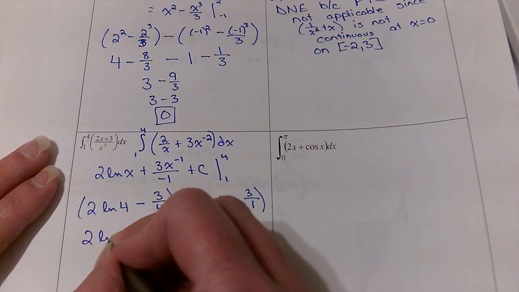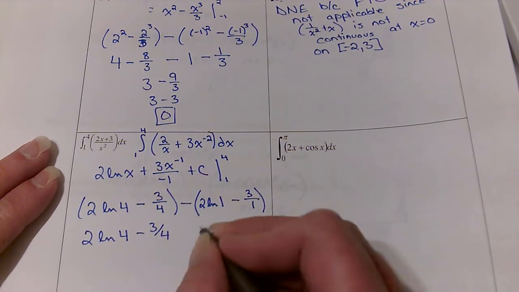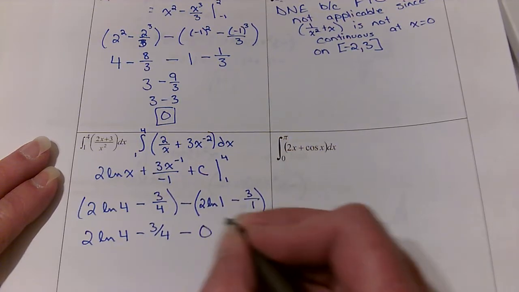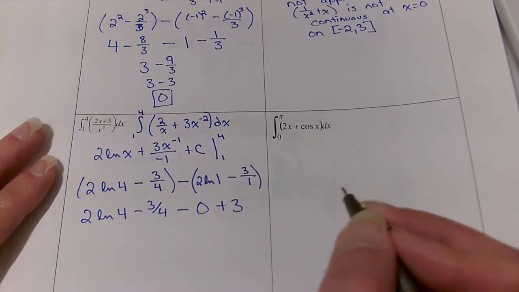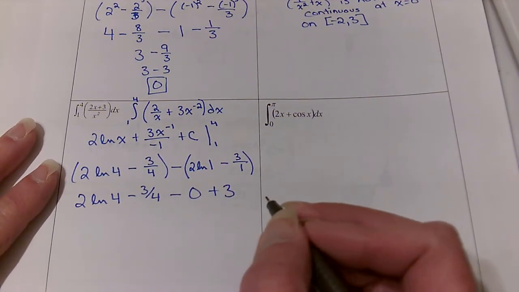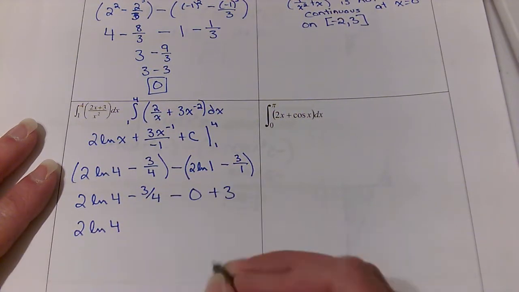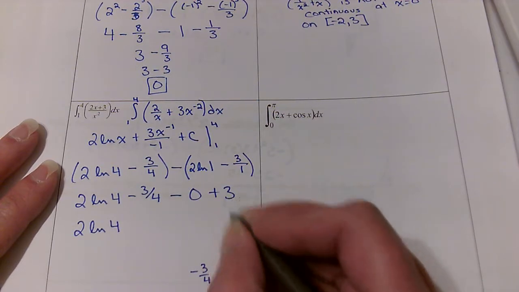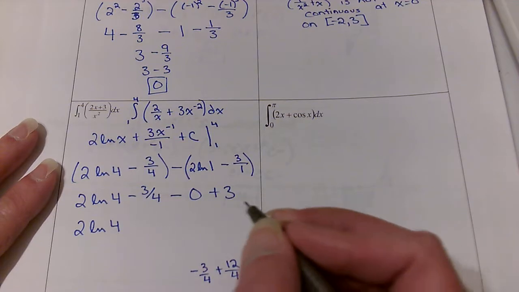So let's see, 4 minus 3/4. Natural log of 1 is 0, so 0. That's going to be a plus 3. So I got a minus 3/4 plus 3. Let's change 3 to 12/4. That gives me 9/4.